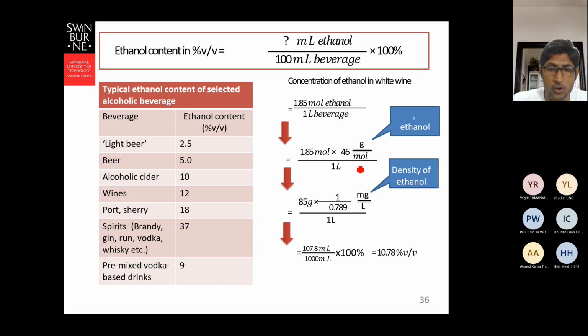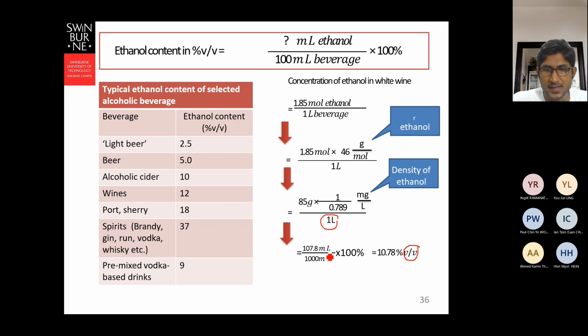If the question is asking for weight by volume or volume by volume, then gram per liter is not acceptable anymore. You have to convert it to liter or milliliter by multiplying with the density, and then convert the whole thing to milliliter, or vice versa. You can convert to liter as well.